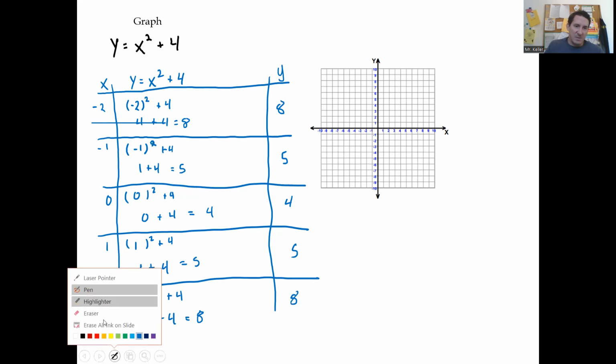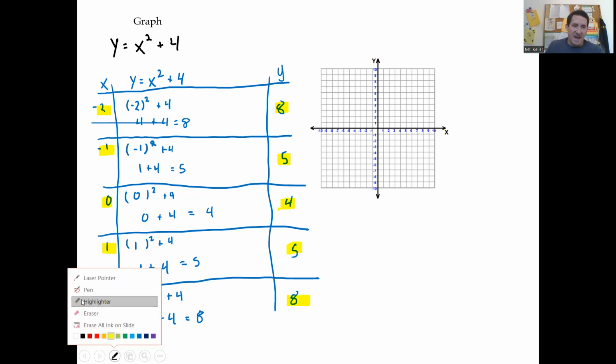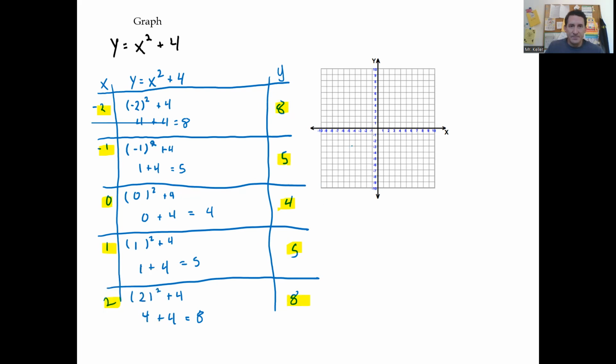Once we have these values, just like last time, our x and y values here: -2, 8, -1, 5, 0, 4, 1, 5, 2, 8. Those are going to be the ones that I am graphing. So I'll start. -2, 8 is right here. -1, 5.